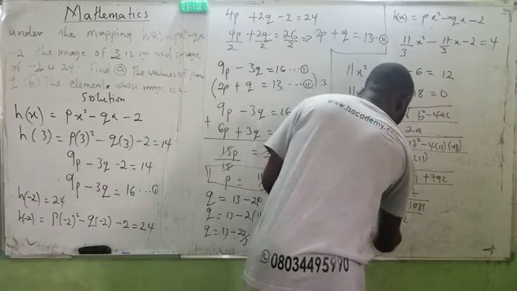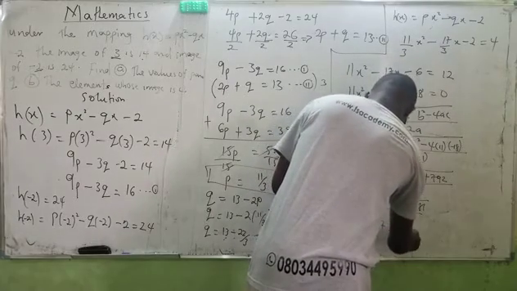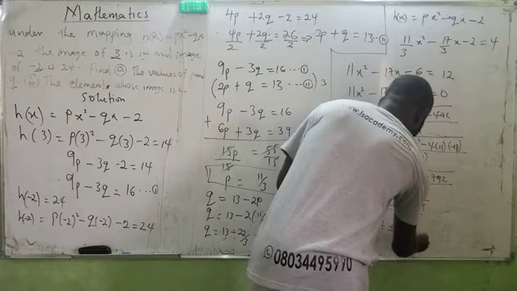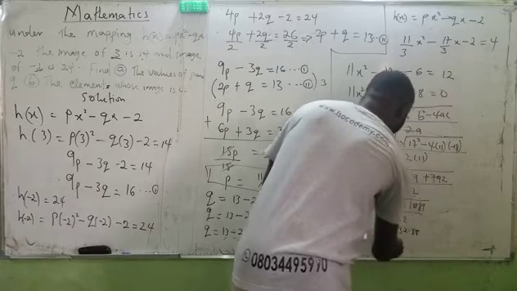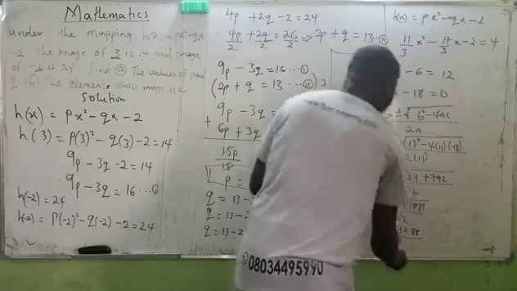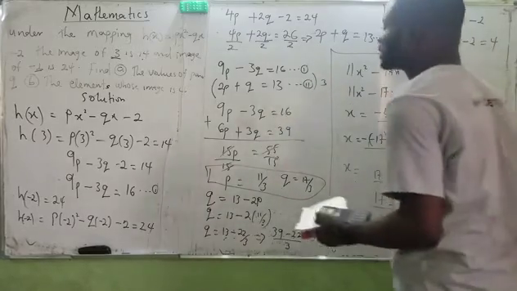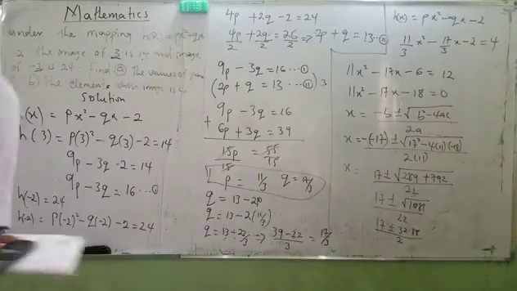I'll be having 17 plus or minus 32.88 divided by 22. Now by implication, I can say what? Permit me to rub this part of the question.